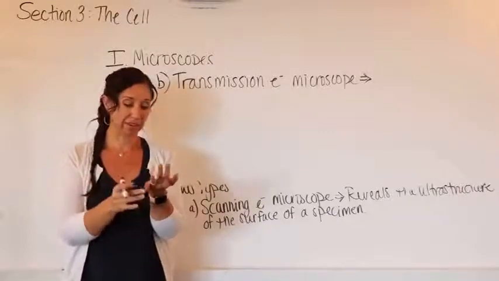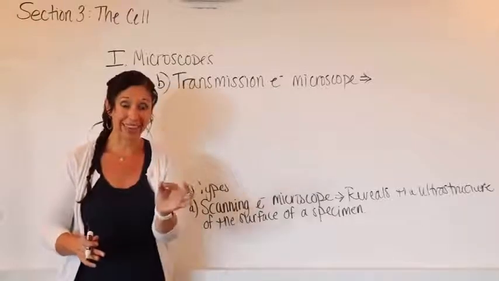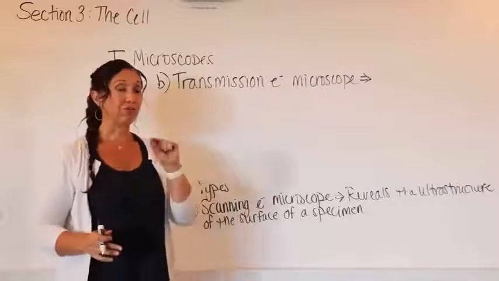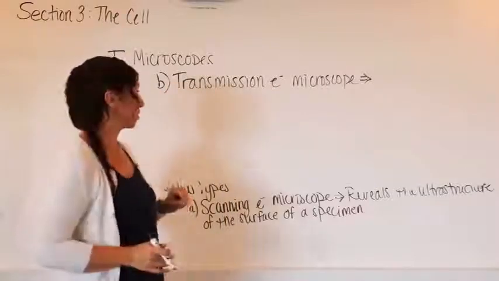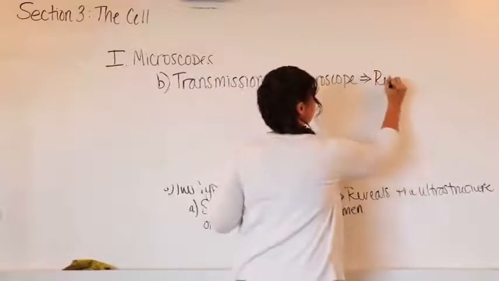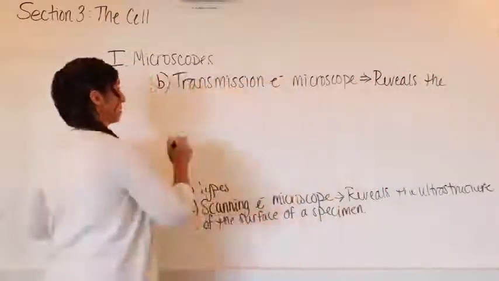The inside of a cell, the inside of a virus, the inside of a bacteria. These are super small things. You can't get that kind of resolution on a light microscope. You get ridiculous detail on an electron microscope. So a transmission electron microscope reveals the ultrastructure of the inside of the specimen.